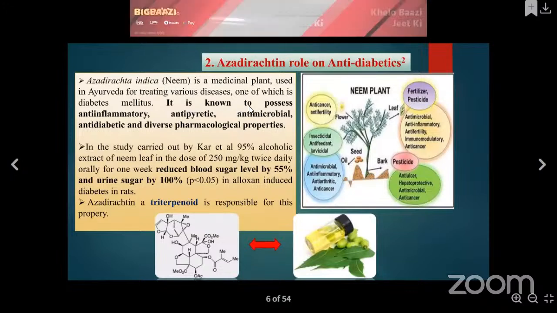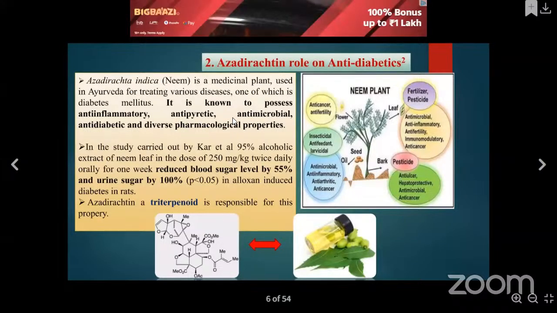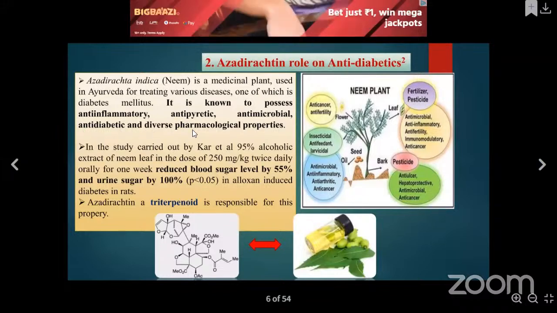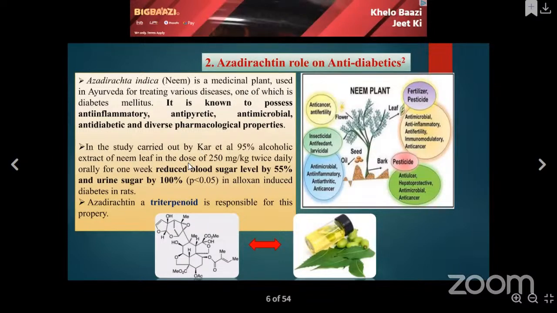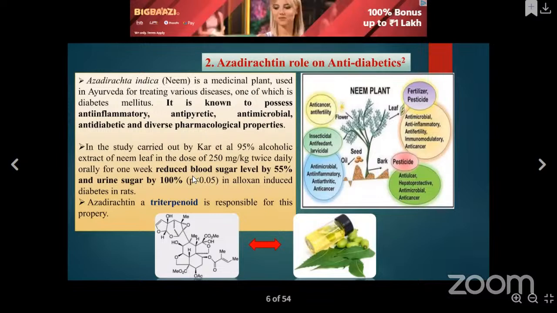It is known to possess anti-inflammatory, antipyretic, antimicrobial, anti-diabetic, and diverse pharmacological properties. This neem plant has different properties, out of which anti-diabetic is the major one.